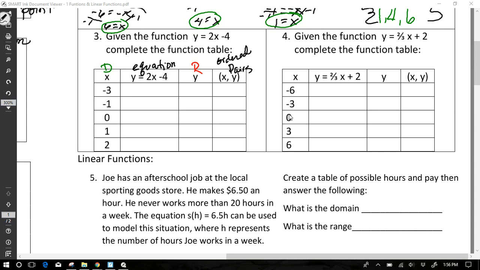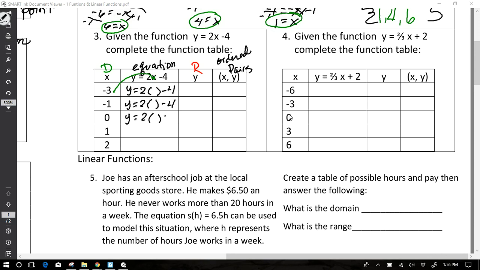So let's go ahead, and what we're going to do is we are going to take the information that we know, the domain, and we're going to replace the domain in for the x into this equation. So I'm going to write y equals 2 parenthesis minus 4.